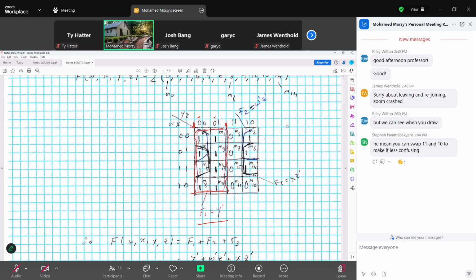We should actually group ones first, and then we calculate the fundamental product or product term. But I just put the expression for this fundamental product just for this case to see what we get.